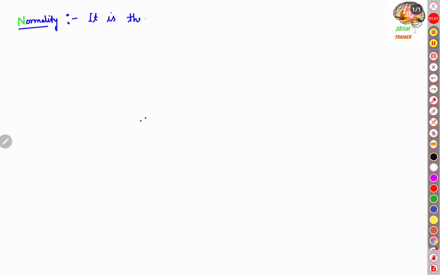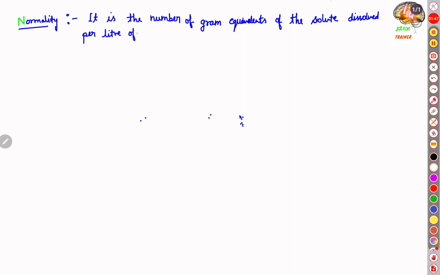It is the number of gram equivalents of the solute dissolved per liter of the solution, and normality is denoted by capital N. Okay, it is denoted by capital N. Clear?